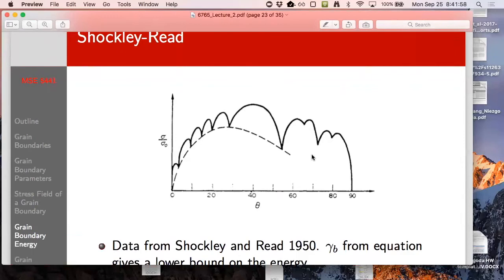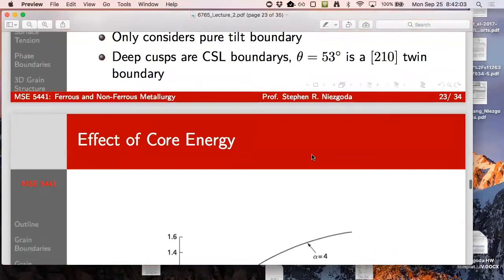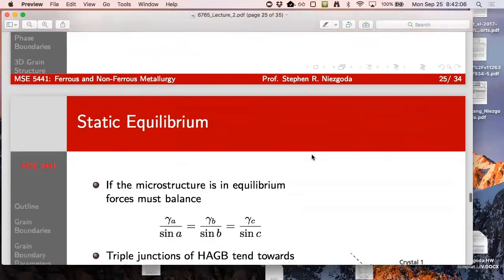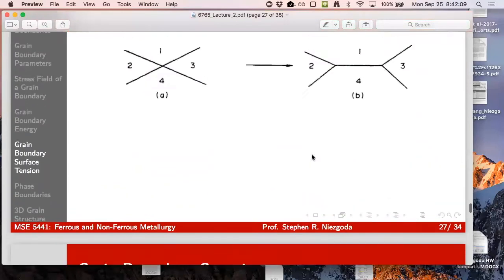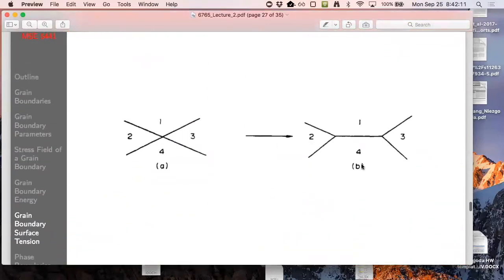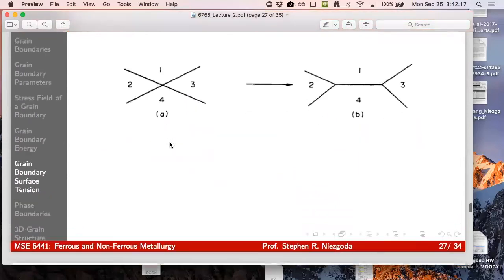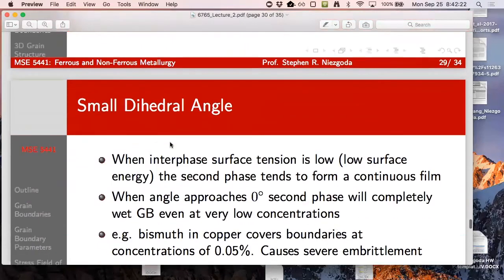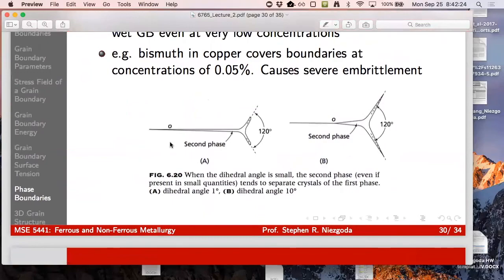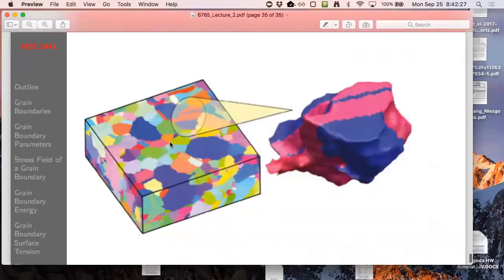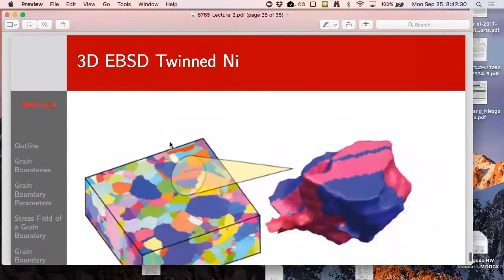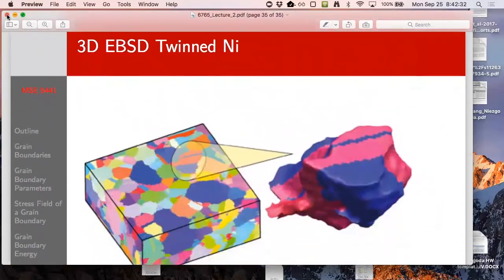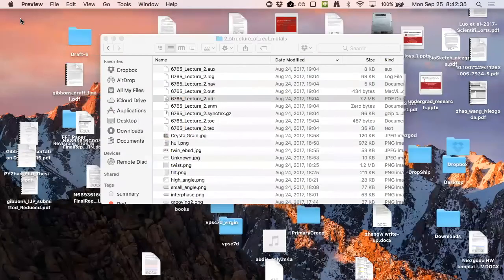You've got these cusps that are strongly dependent on the grain boundary character. So surface tension of grain boundaries, understanding why this is an unstable configuration. Grain boundary grooving and wetting. These are just the key things, and then the structure of the grains in 3D are not necessarily clean and pretty.